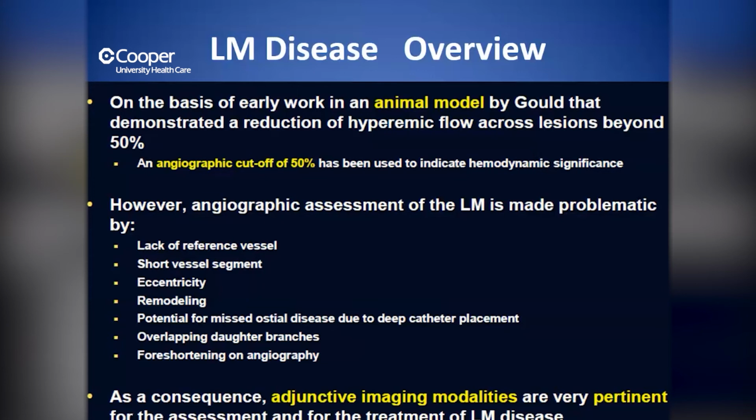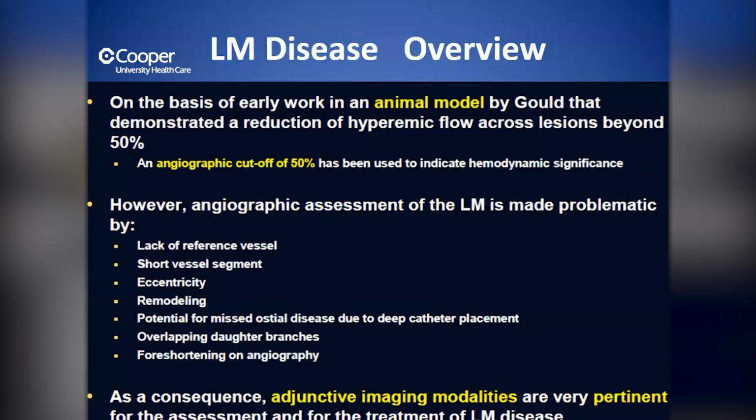It's particularly hard in the left main by angiography to say whether it's 50%, 60%, or 40% for multiple reasons. Sometimes the left main is so short that you don't have a reference vessel to compare the stenosis to the normal segment. A larger problem with angiography is remodeling of the arteries.